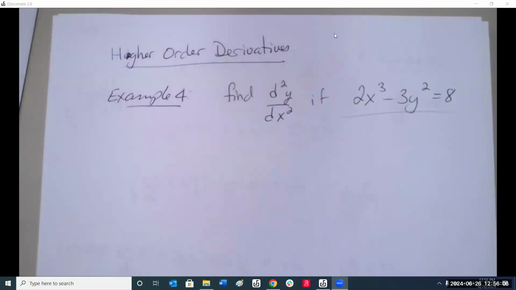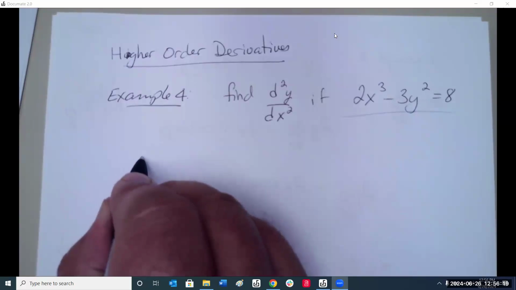So whenever we find higher derivatives, we have to plug in some stuff that we've already done. So let's begin.